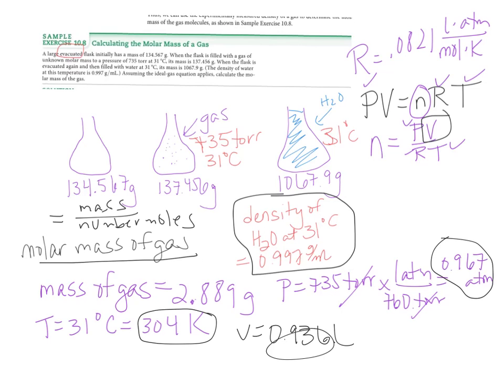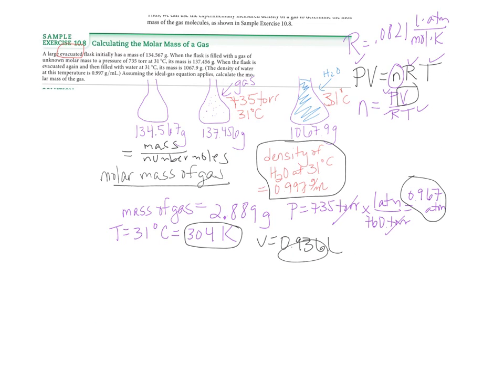And now I can plug these numbers, 0.936, my pressure of 0.967 atmospheres, my temperature of 304 Kelvin, into my ideal gas equation, which is right here, and find out my number of moles. So let's do that. I made myself more room. We'll use black.